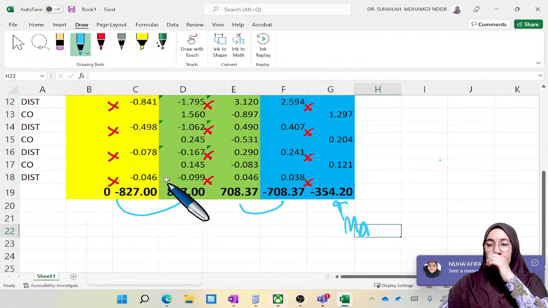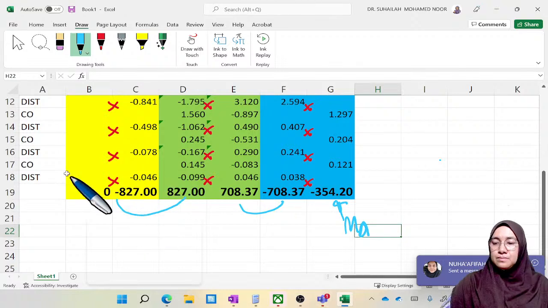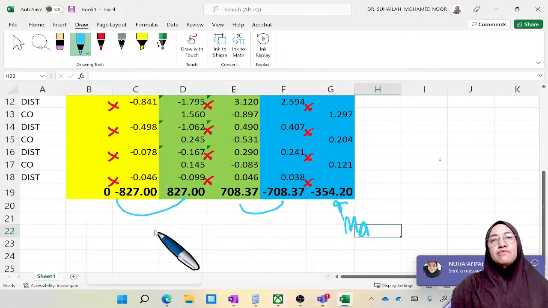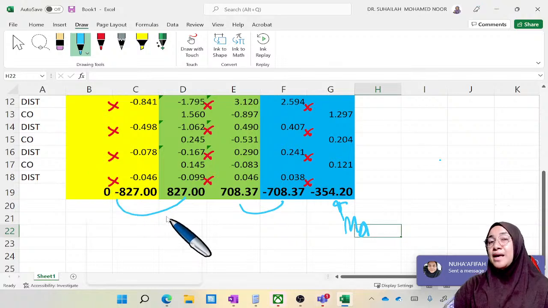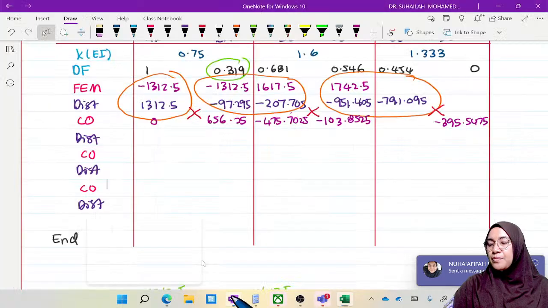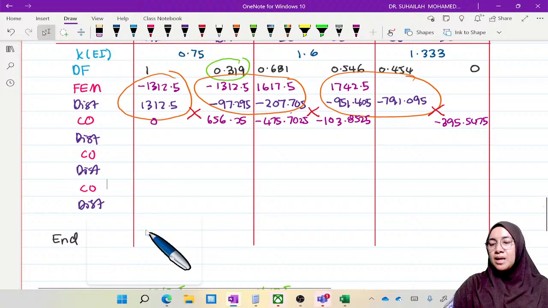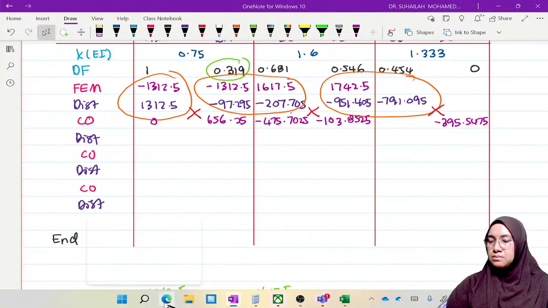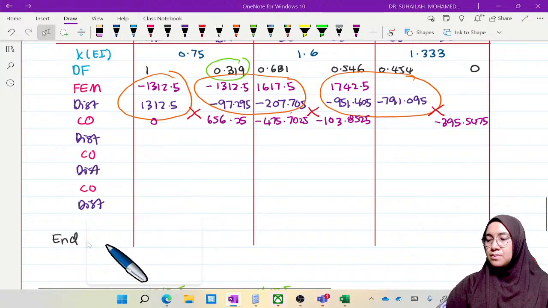We may stop. So until the last distribution get 0.0 like this, and we find the total moment starting from FEM in the table. So this value I will put in the table. So this is actually end moment.